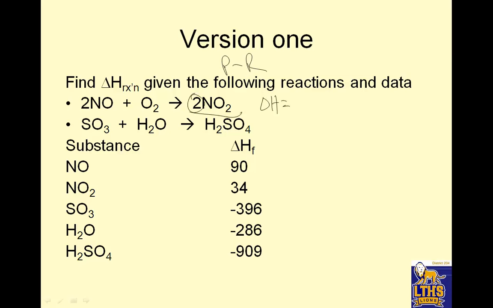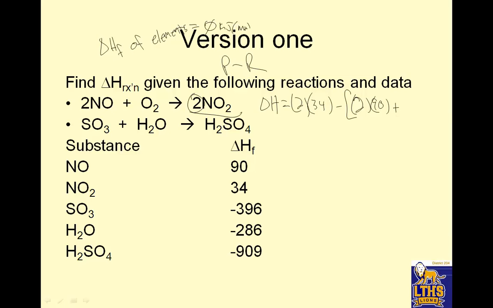There's two of these, 2NO2, so 2 times 34, minus quantity NO, 2 times 90, plus, now oxygen's not here, so this is important to know. Delta H of formation of elements in their standard state equals 0 kilojoules per mole.